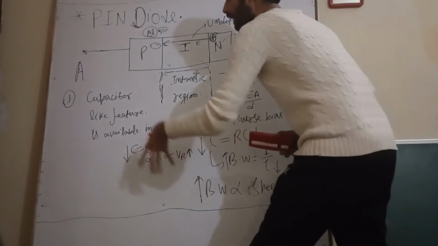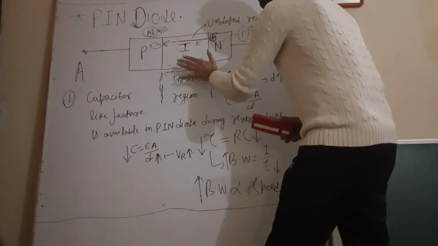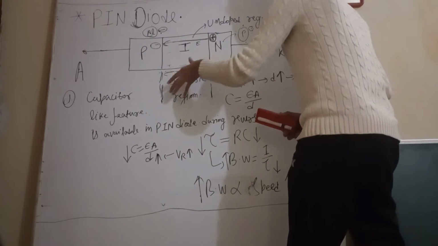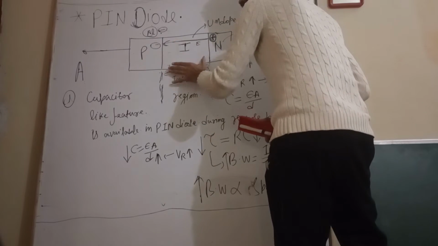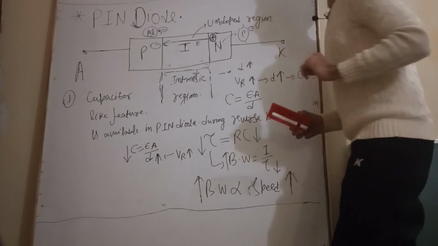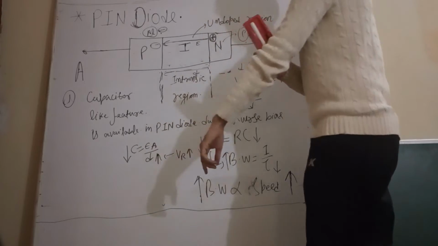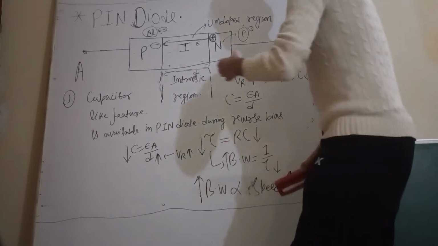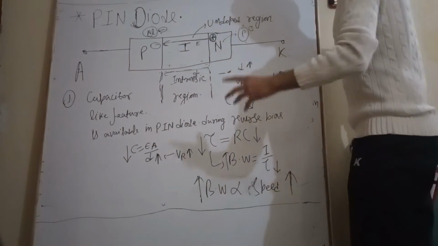This is another special feature that we are getting due to this intrinsic region between the P and N region. So these are the two features that we have seen.